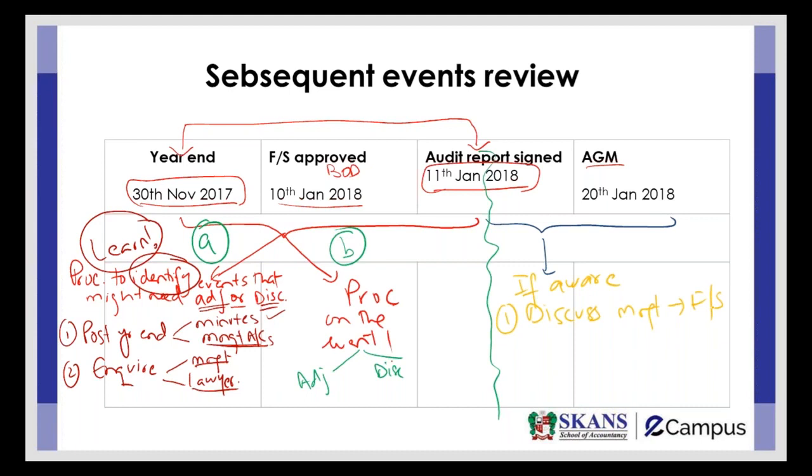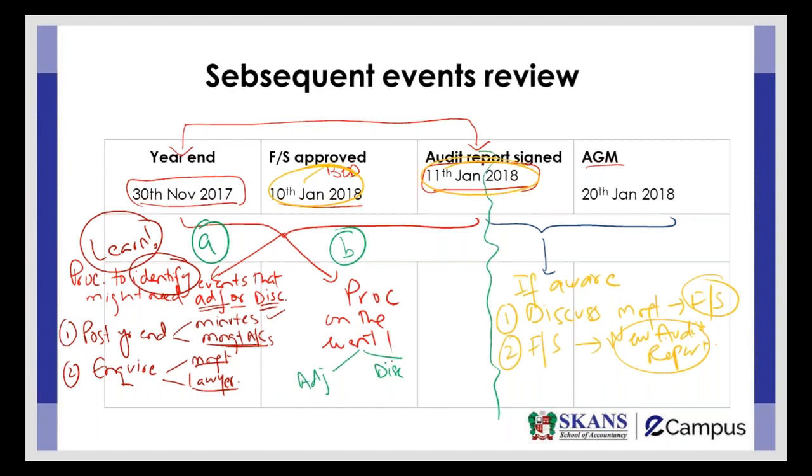If it's a material event, you'll ask the management, I know you've signed it. I know 10th January is gone, but because now this has happened and this is the impact, are you going to change the financial statements or not? If the management amends the financial statements, you will need to give a new audit report. Please remember, guys, this report on 11th January was given for the financial statements prepared on the 10th of January. If those financial statements have changed, then my report will also change.